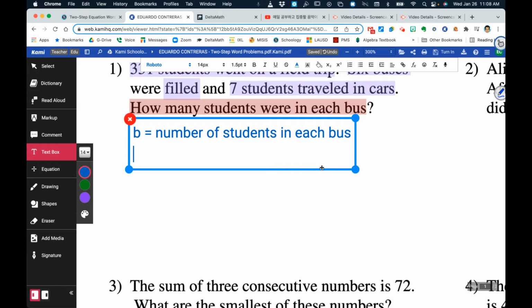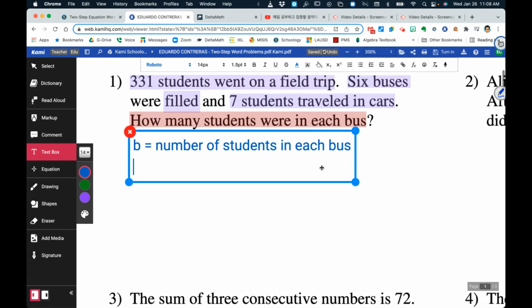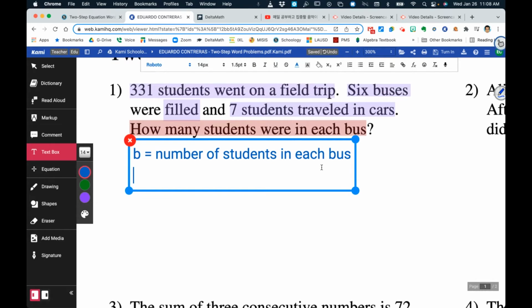So let's come up with an equation now. That comes from the context. We had 331 students total, 6 buses were filled, and 7 traveled in cars. Zach, did you have something? Can we just do 331 minus 7? No, I want an equation like the ones we've been solving in 2 steps. You can get it from this information, yes. 331 equals 7 plus 6b.